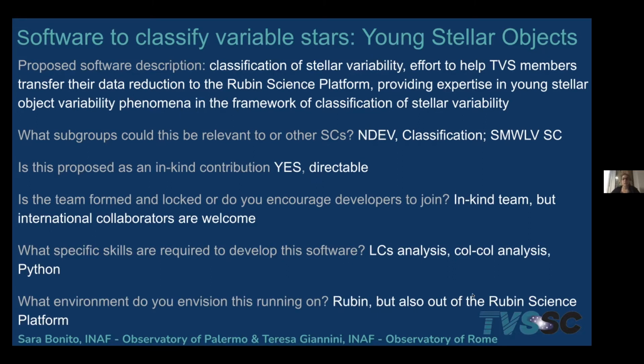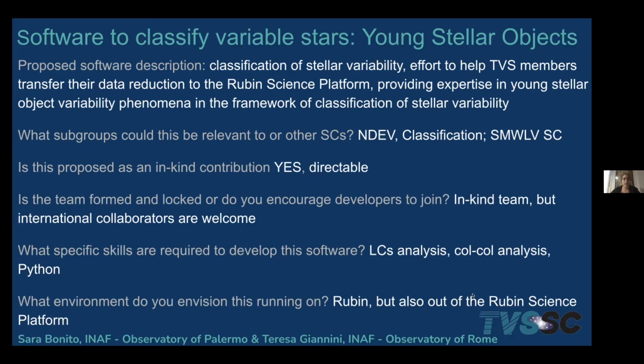So the classification for stellar variability, also in the context of the Rubin Science Platform, the relevant groups of TVS or other science collaborations that can be related to these are the non-degenerate variables and the classification group in TVS, but also in the context of the galactic plane, the stars Milky Way local volume science collaboration. This has been proposed as a deliverable in-kind contribution by the Italian National Institute for Astrophysics.